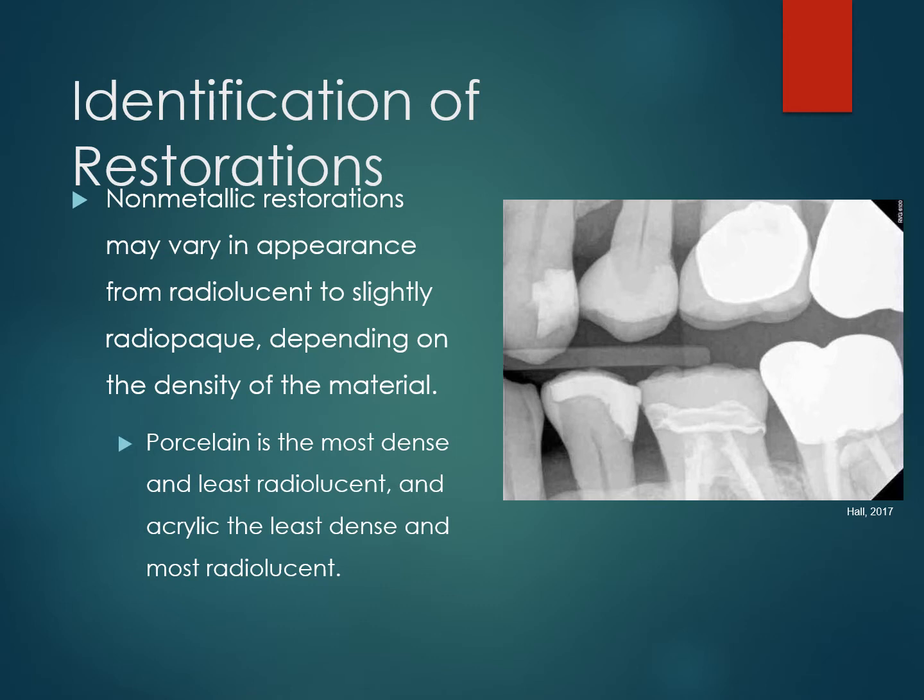Your book likes to highlight at this point that porcelain is the most dense and therefore is more radiopaque, right? So it's the least radiolucent. And then acrylic is the least dense and therefore is the most radiolucent. That just says porcelain is the most dense, so it is the most white. It's not dark. And then acrylic is the least dense, so it is the most dark of the non-metal restorations.